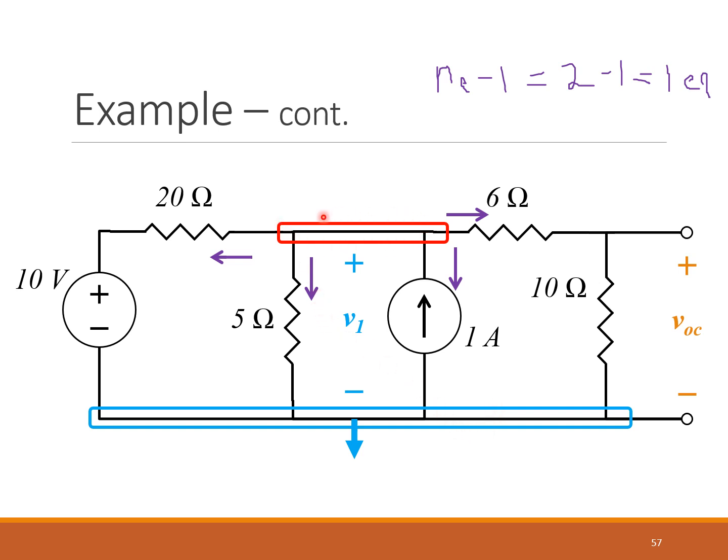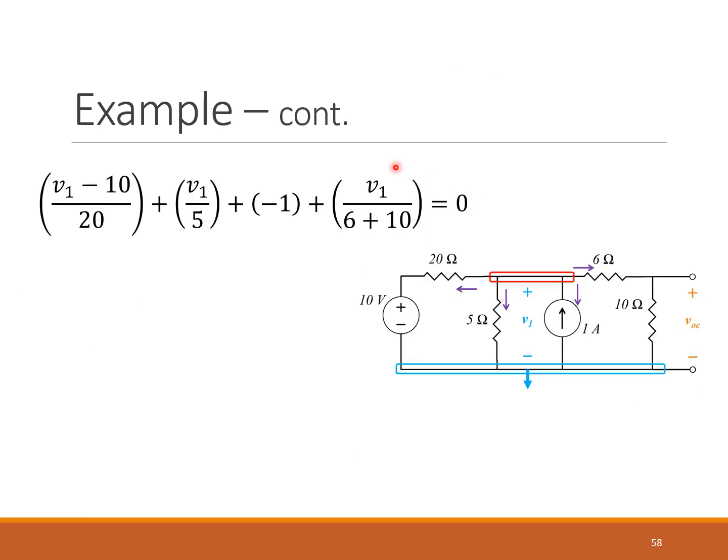In this case, we only have one essential non-reference node. So I've drawn my four currents leaving with the purple arrows indicated on the slide there. I've kept that image of our circuit a little bit smaller here in the bottom right, and now we're going to write our KCL equation. Again, recall we're going to use Ohm's law and KVL to help get these currents represented by the purple arrows in terms of our node voltage, in this case V1.